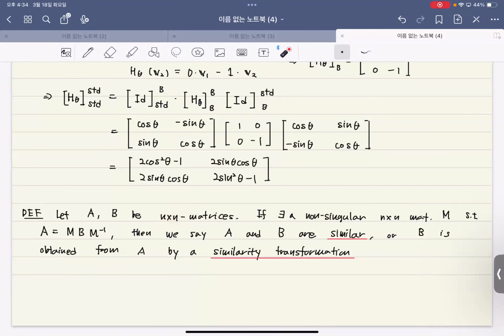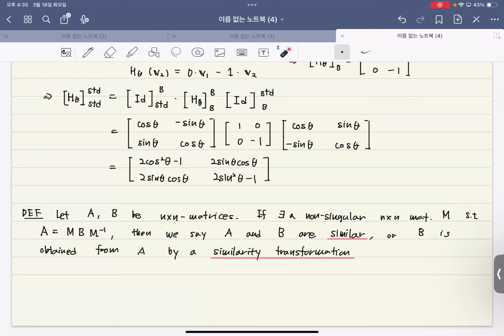And also suppose that you could find another matrix of the same dimension, a non-singular matrix M, such that A is M times B times M inverse. If that is possible, then we say A and B are similar matrices. Or sometimes we say A is obtained by similarity transformation from B, or vice versa, whatever it is. So this is the notion of similar matrices.